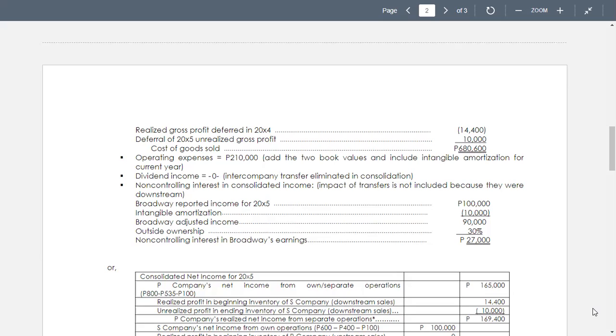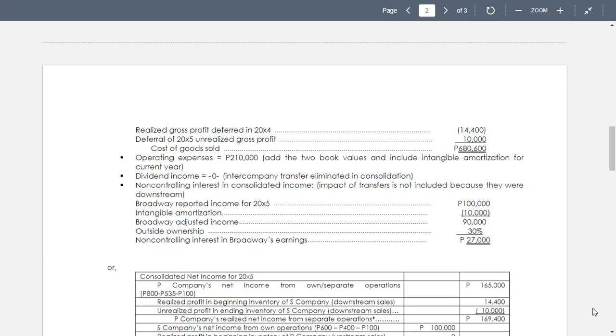Now, for Broadway, we have BW, the reported net income for 20x5 in the amount of 100,000. The intangible amortization of 10,000 here given. So we have the difference of 90,000. That's the adjusted net income.